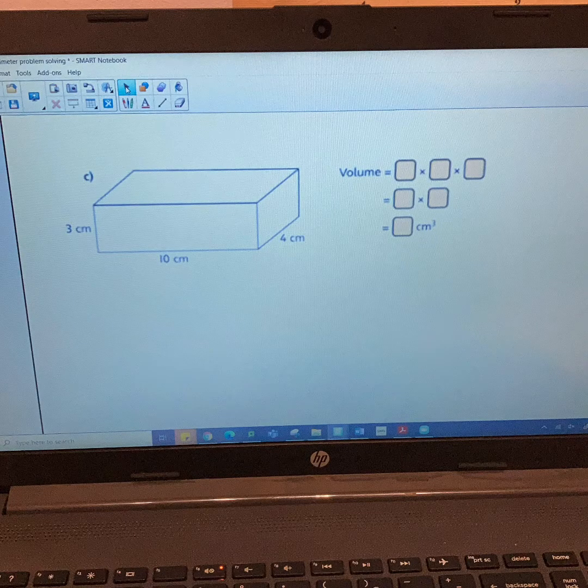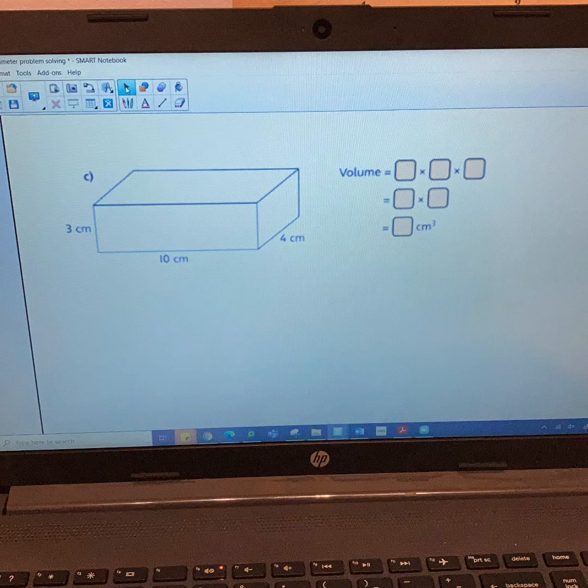Okay, next question. This is part C. Have a go. Well, hopefully for this one, you can see that the width is 10, the length is 4, and the height is 3. So like I said before, it does not matter which order you multiply these numbers in. Personally, I would probably do 3 times 4, which is 12, and then times it by 10, which is 120 centimetres cubed.